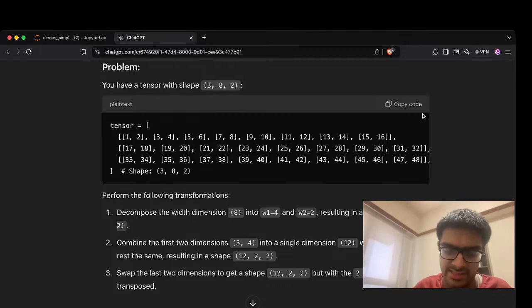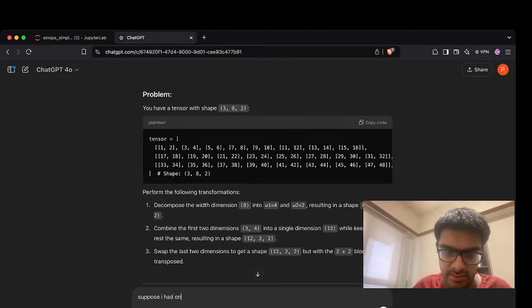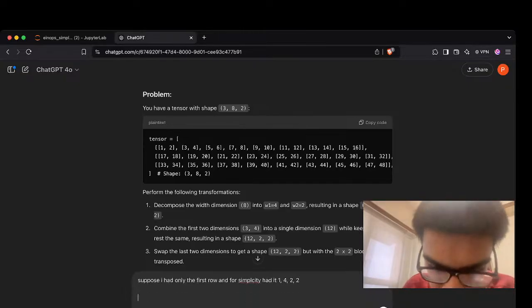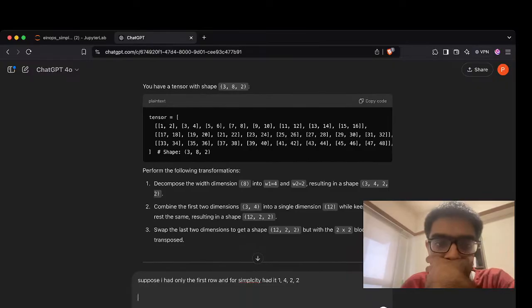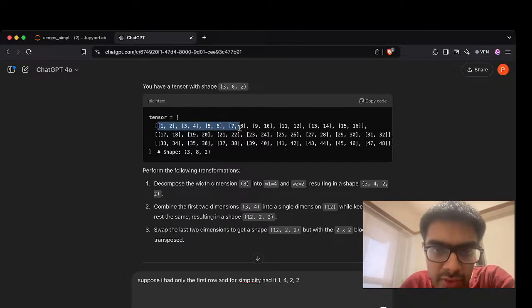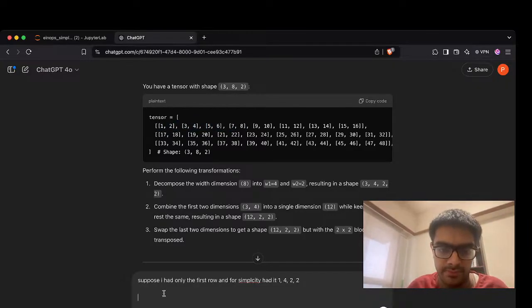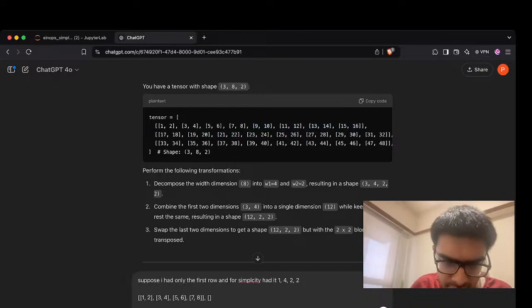I guess, suppose I had only the first row, and for simplicity, 1 4 2 2, right? So then what I would do is take these 4 over here and put them in 1, right? Then I take the next 4 and put them into 1 more. I think so.